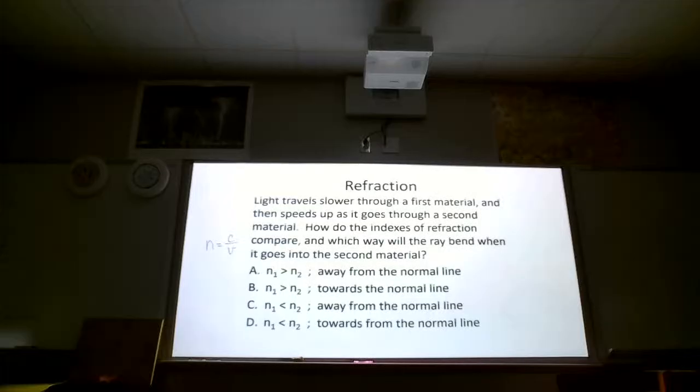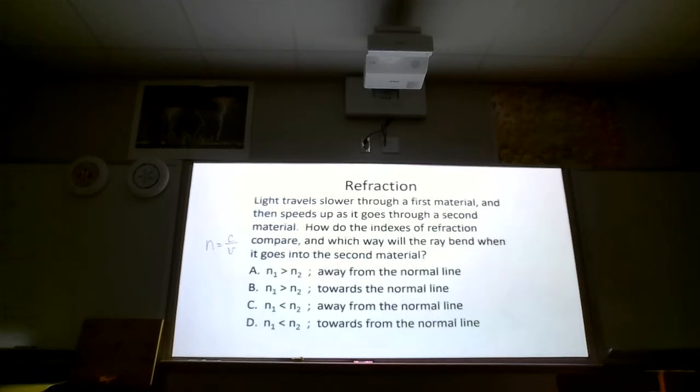As we go from slow to fast, the slower it is, is the index of refraction higher or lower? Higher. So n1 is greater than n2.